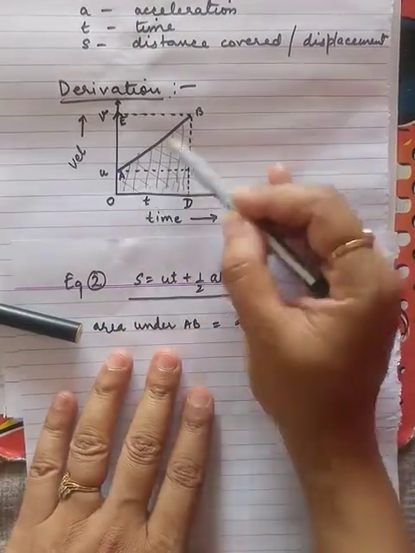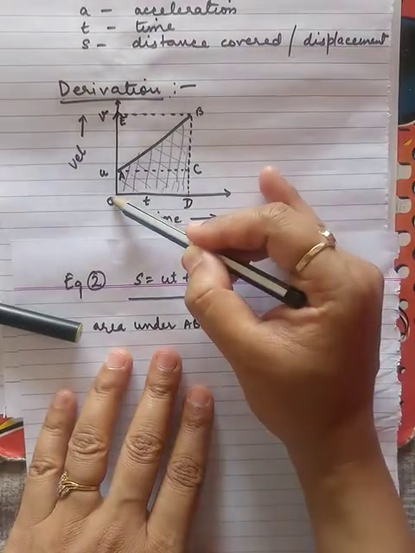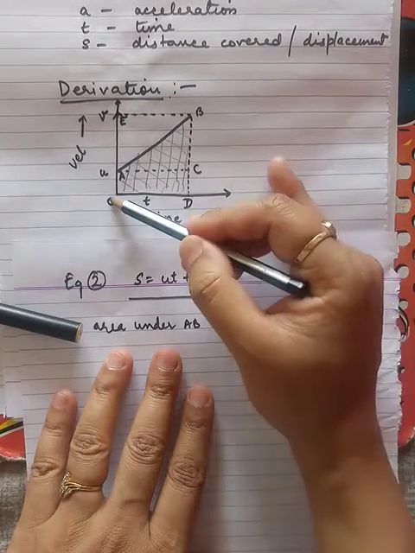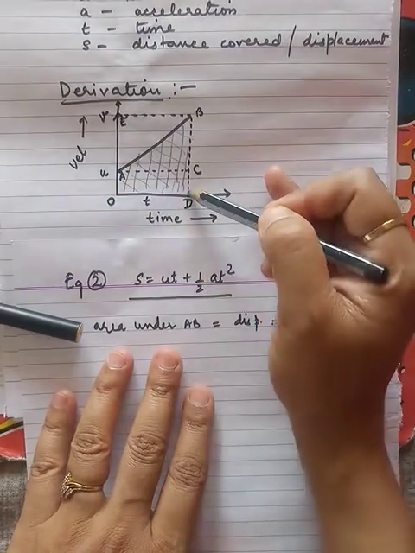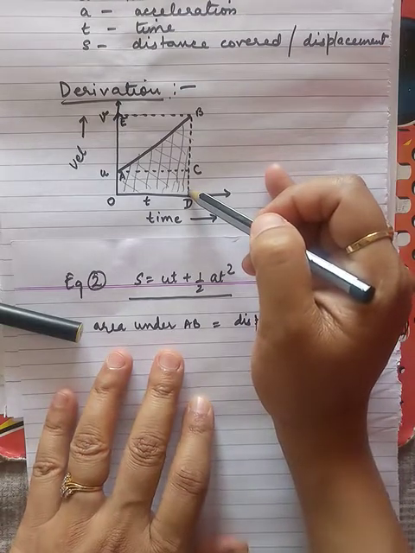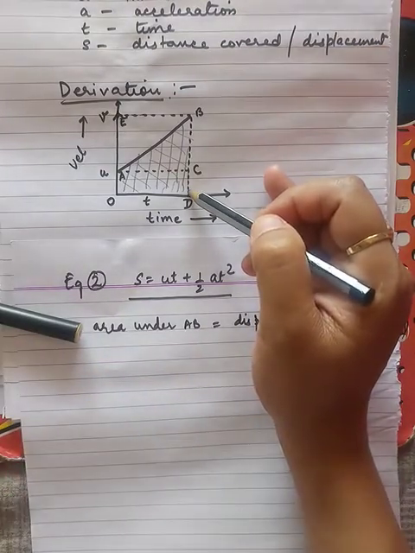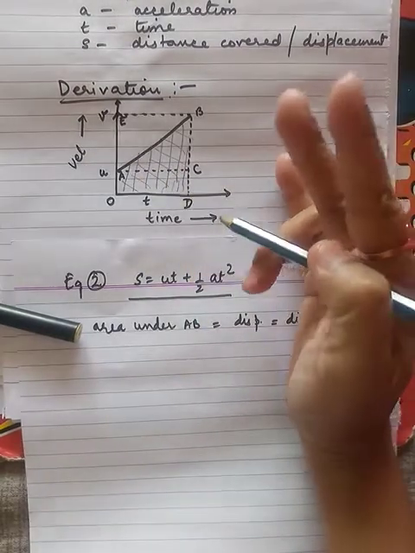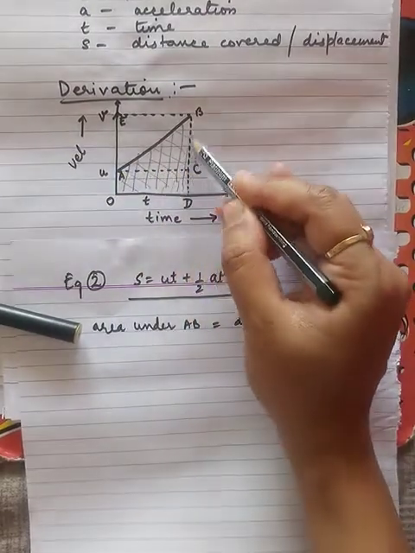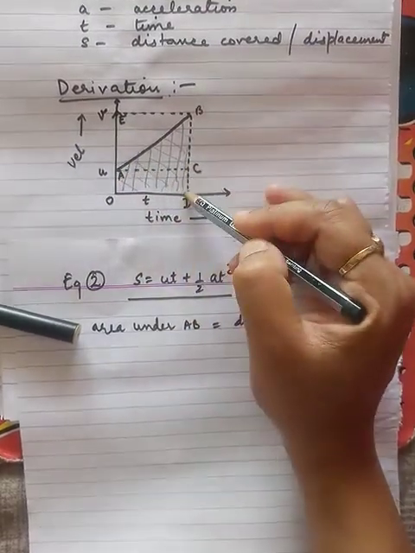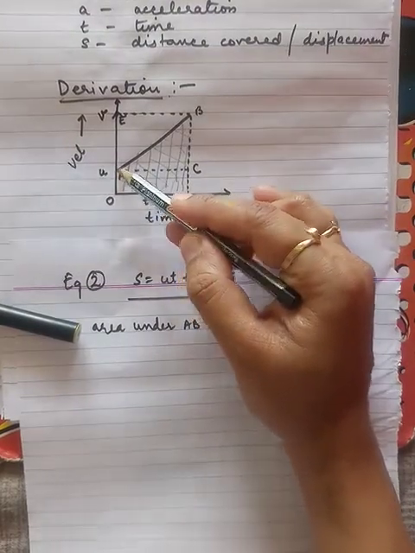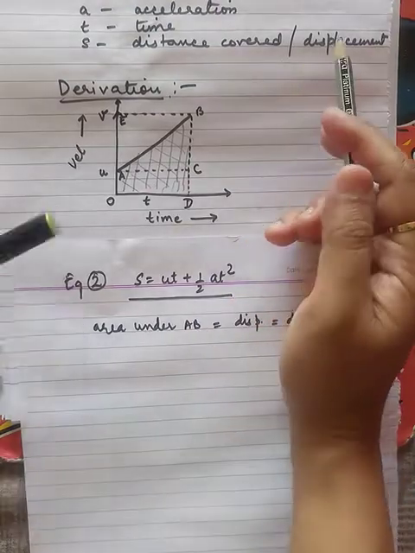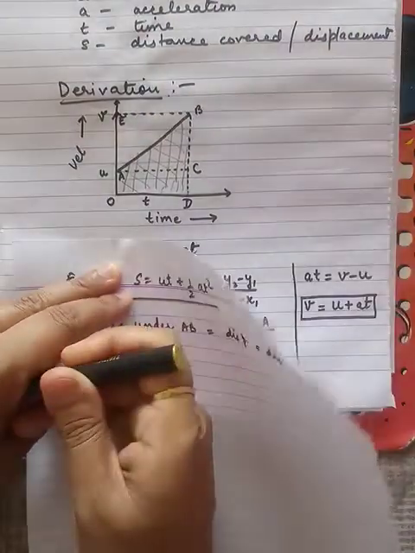So what is the shape? The shape is OABD. The area will be OABD. What is the shape of OABD? OABD has a trapezium shape. But in this case, to derive this equation, we will find the area in two steps, like this triangle plus this rectangle. That also we can do. So for finding the equation, area under the graph will be found using two steps.